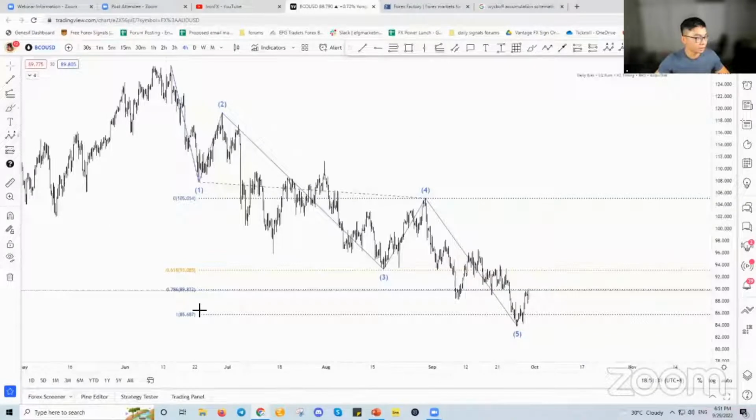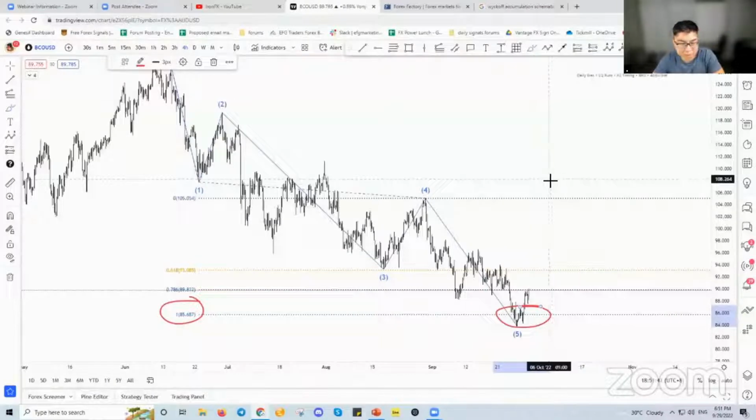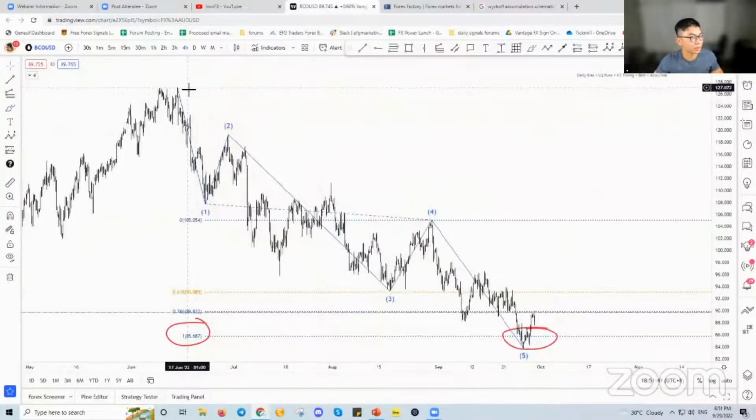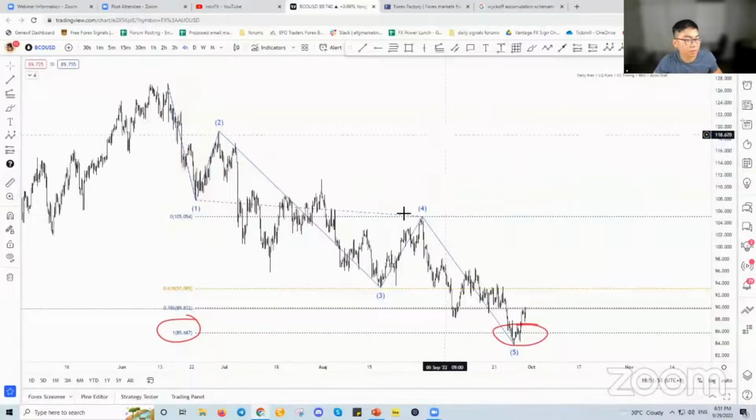Look, price actually came nicely into this 100% Fibonacci projection area, which also equals the same length of wave 0 to wave 1, 1945. Okay, it's just 19,500.